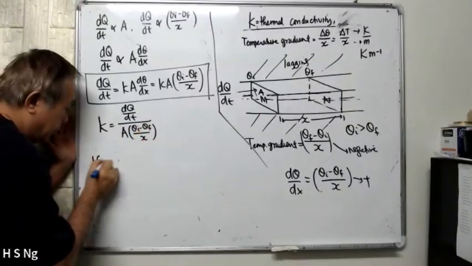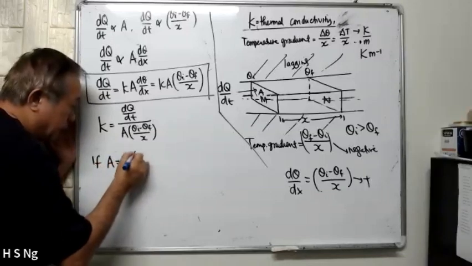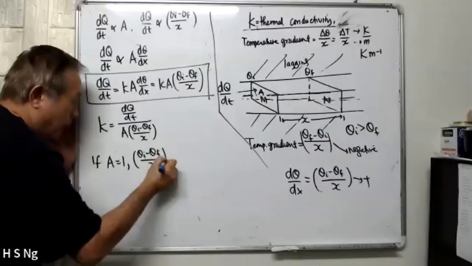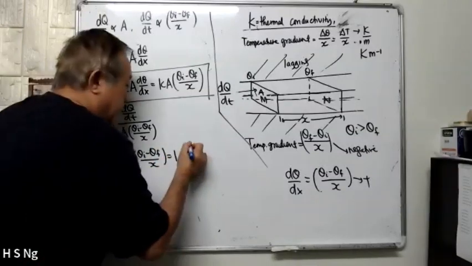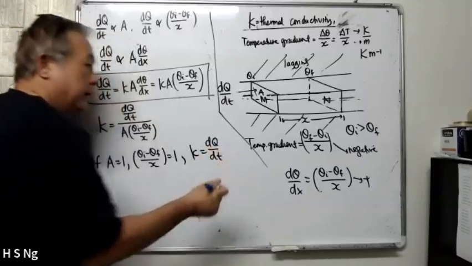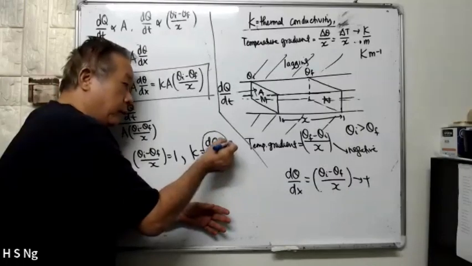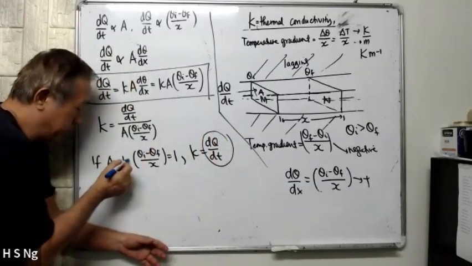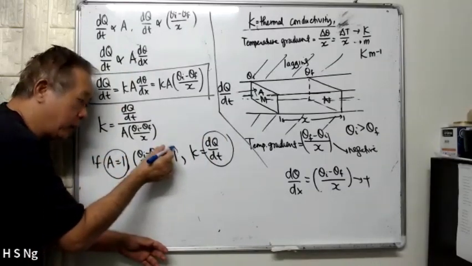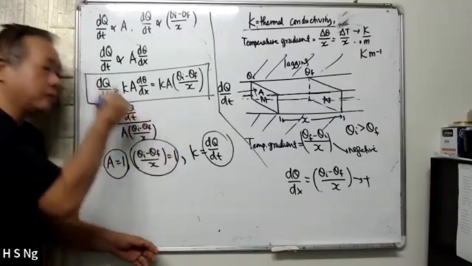So if A is 1 and the temperature gradient is 1, then K is dQ over dt. So this is how to define it. Thermal conductivity is the rate of heat flow per unit cross-sectional area per unit temperature gradient.